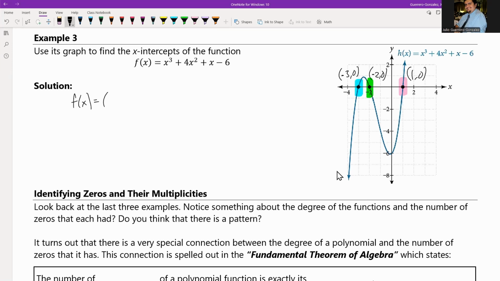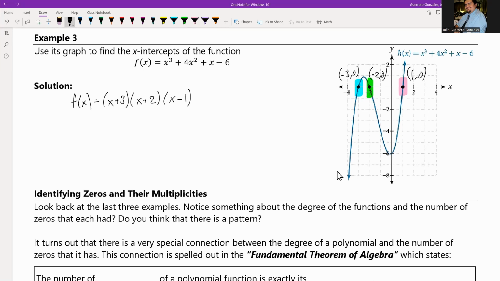So we have our zeros, we have the roots. That means that our factored form is going to look something like this: x plus 3, x plus 2, and then x minus 1.